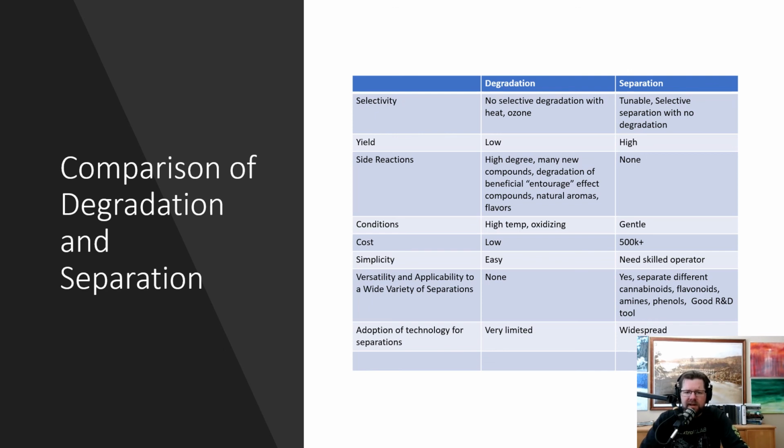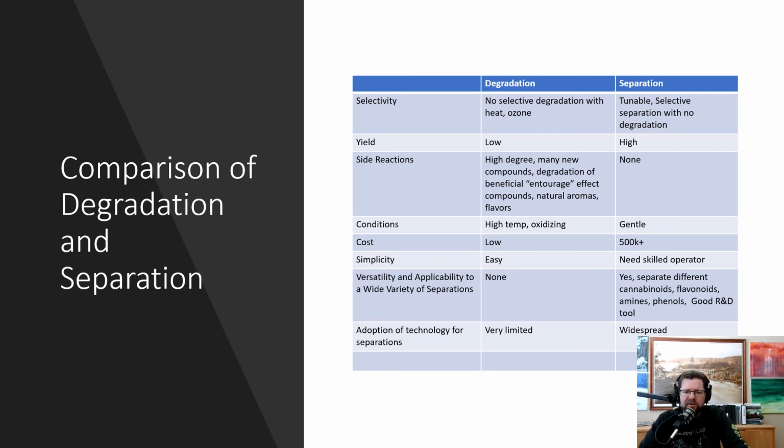One of the things that is also important, what is a key benefit to degradation, is that the simplicity of it is quite easy. You have the reactor, you have stirred reactors, multiple stirred reactors, you turn them on and just let them sit there, and then maybe test them out over time. So if you don't mind all the side reactions and unknowns and degradation and loss of the entourage effect and all that, then maybe it's the one for you.